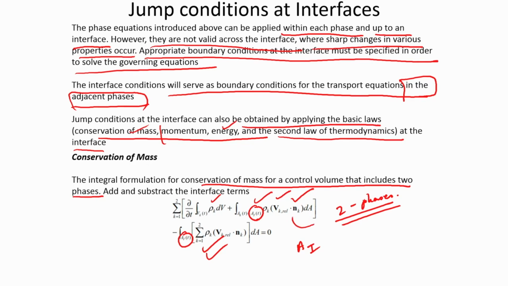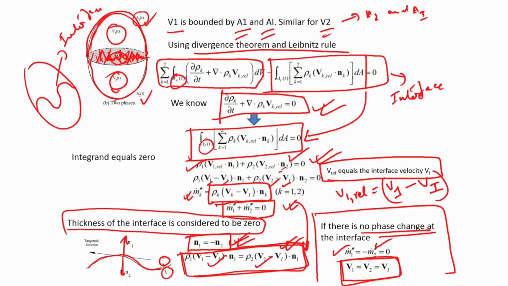We have added it to each of the phases, and we have taken it out also. Then just by using the continuity expression, we have set this part to be equal to 0, and then we have worked with this particular part only. That part is also equal to 0 because the entire sum is equal to 0, and then we have cast it, for two phases, in this kind of a component form, and we have taken the reference velocity to be equal to the interfacial velocity in this particular case.